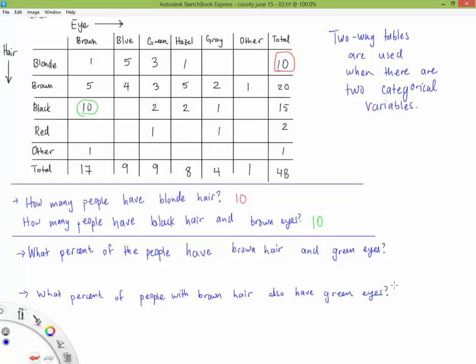It sounds the same, but they're different questions, okay? And then the last one, so this is why we're going to spend some time going over this, okay? And what percent, I hope you guys can all read my handwriting here. What percent of people with green eyes also have brown hair?